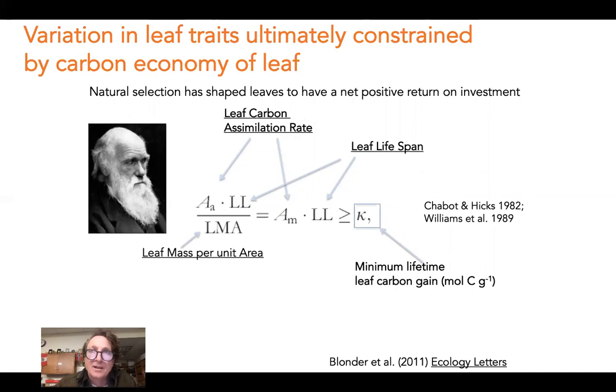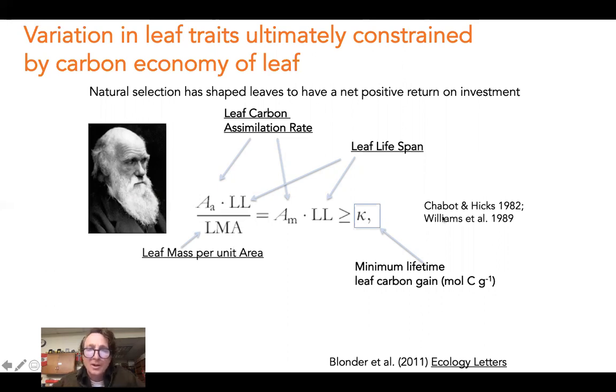Another way of thinking about that is that a plant is investing in a leaf, and that investment costs carbon and nitrogen. It costs a given amount of energy, carbon and nitrogen to build a leaf in a given environment, and over its lifespan the leaf has to pay back the cost it took to build it.